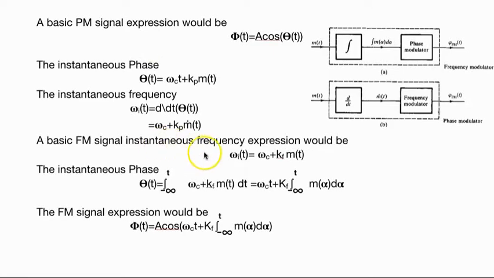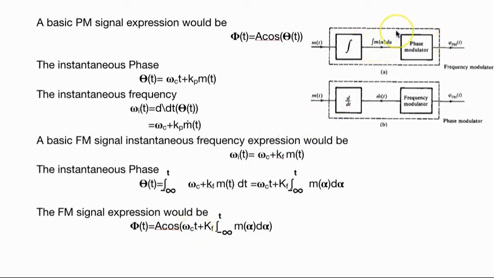The instantaneous frequency expression would be omega_i equals omega_c plus k_f m(t), and the instantaneous phase can be calculated by integrating the instantaneous frequency expression, and we get this final frequency modulation FM signal, where the message signal m(alpha) is actually integrated and added with the carrier frequency.